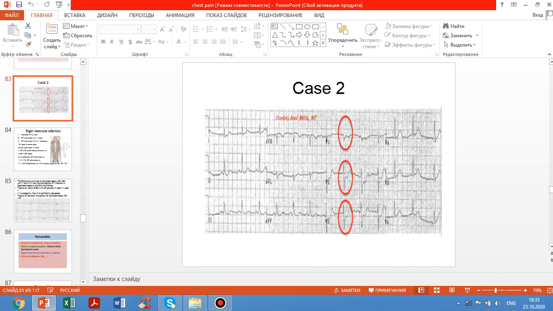On this slide you can see only reciprocal changes like ST depression in V1, V2, V3. No other changes in ECG.